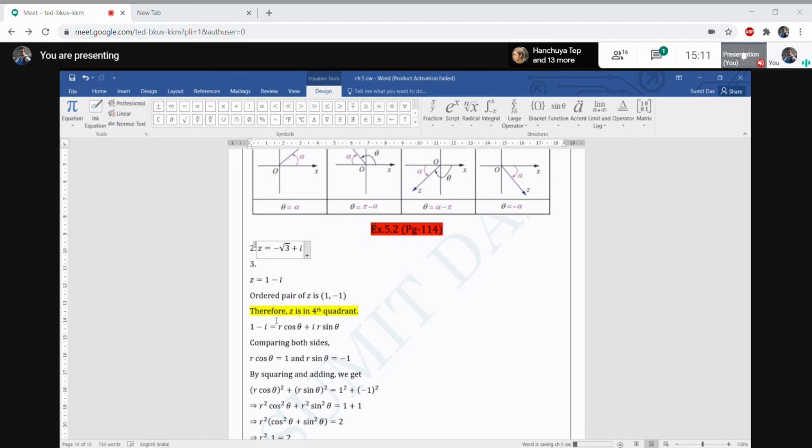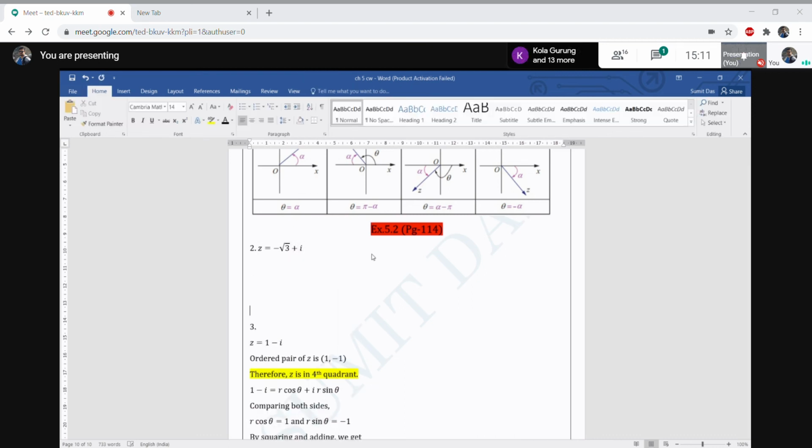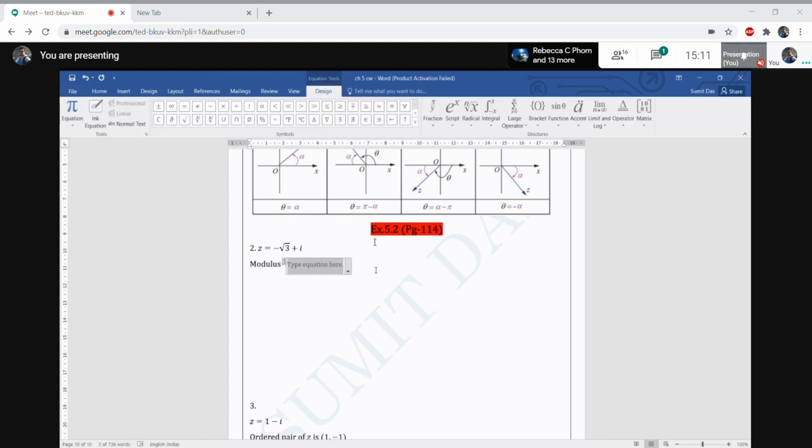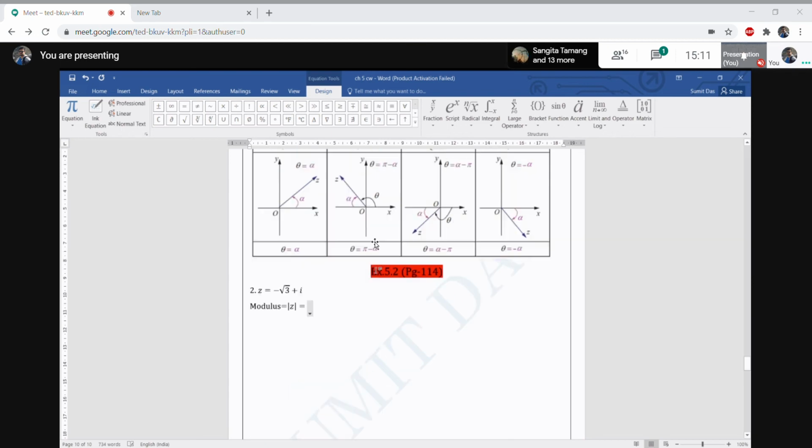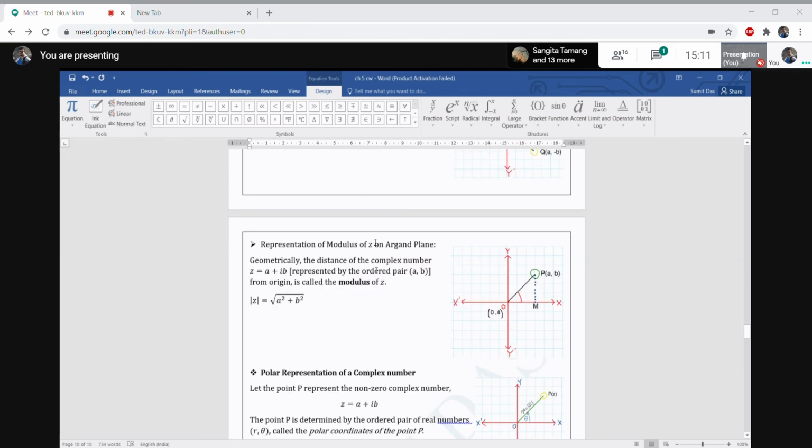What is this question asking? In this question, it is asking to find the modulus and argument of the complex number. So modulus means mod z. Okay, what is the modulus? Modulus is equal to mod z. If you remember, I already showed this one.